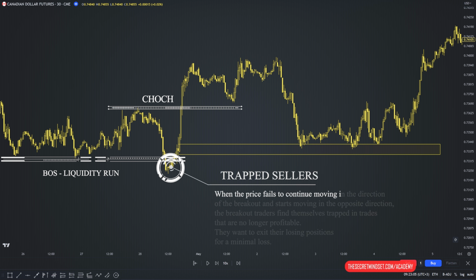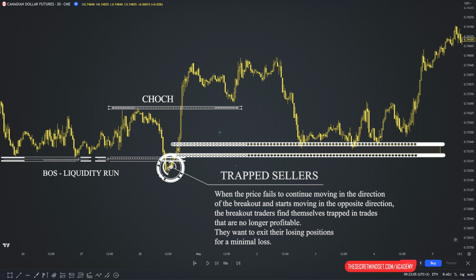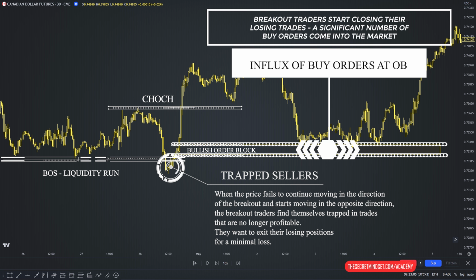However, when the price fails to continue moving in the direction of the breakout and starts moving in the opposite direction, these breakout traders are trapped in trades that are no longer profitable. At this point, often around the order block area, these traders will decide to close their losing trades. And here's the interesting part. When these breakout traders start closing their losing trades, a significant number of buy orders come into the market, and this influx of buy orders will contribute to the upward momentum of the market.